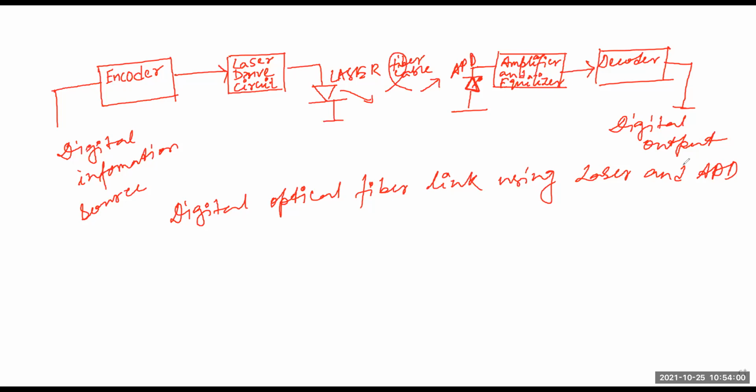This block diagram shows a typical digital optical fiber link. Initially the input digital signal from the information source is suitably encoded for optical transmission. Here the laser drive circuit directly modulates the intensity of the semiconductor laser with the encoded digital signal.